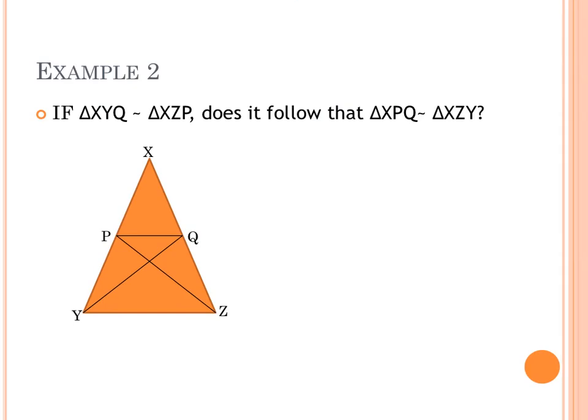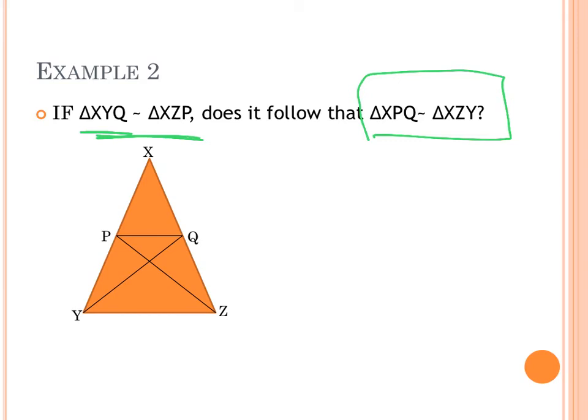Now, for this one, I'm going to pull them apart because these triangles are overlapping. It's telling me that if these are similar, that would tell me the angles are congruent and the sides are proportional. It wants me to try to show that these triangles are also similar. So let's go ahead and try it. I'm going to pull it apart.